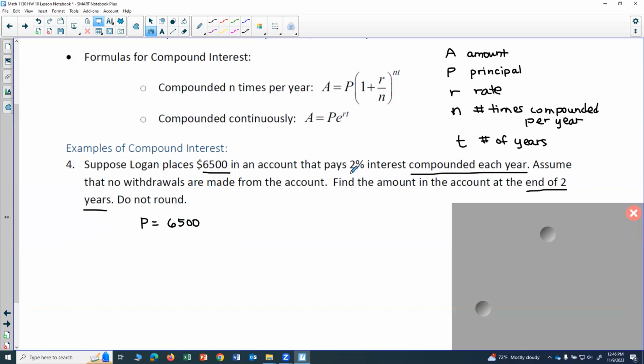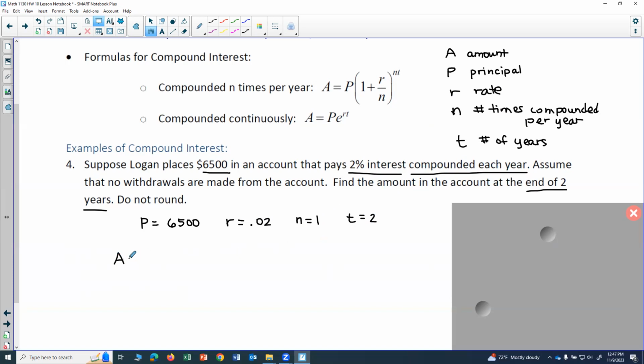The interest rate is 2%, and I want to write that as a decimal. So I'll write that as R equals 0.02. N is the number of times that it's compounded each year. So N is 1 in this case because it says compounded each year. And then T is the number of years. So T is 2 in this case.